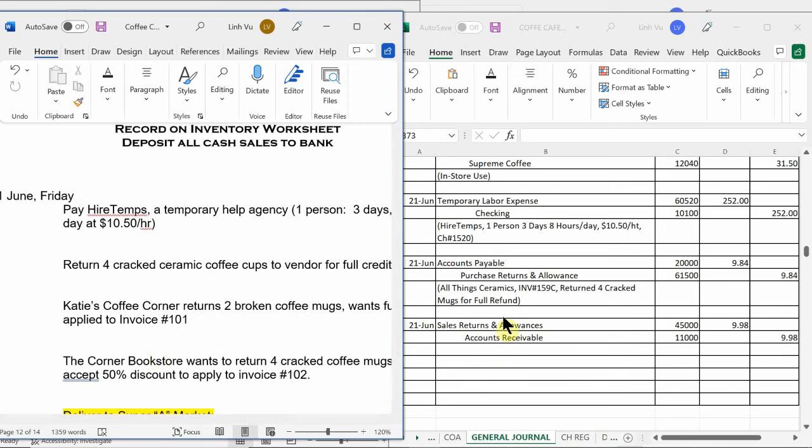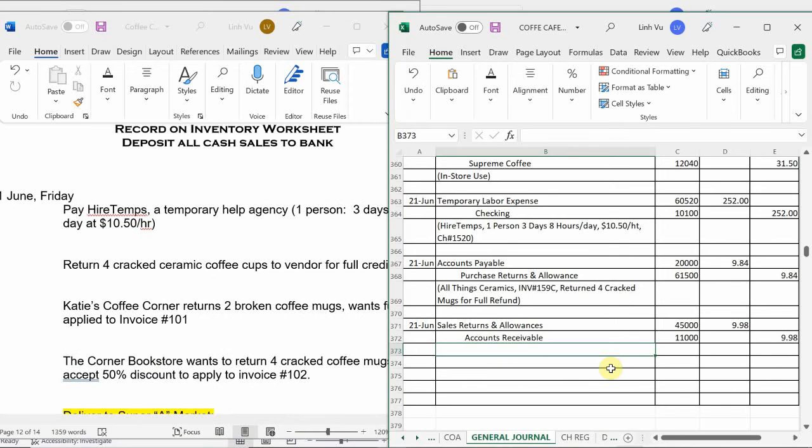So in this case, we have all the information we need. We have who: this is Katie, Katie's Coffee Corner. We have the invoice that she wants us to apply it to, invoice number 101.